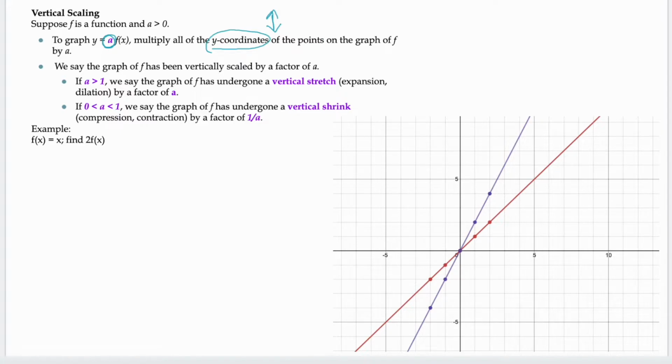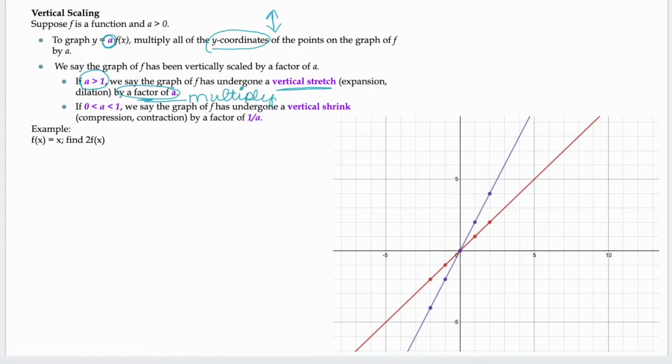If that number is greater than 1, we're going to vertically stretch, so we're going to get bigger, and that's going to affect our y values by a factor of a. Factor means to multiply, so we'll multiply our y values by that whole number.